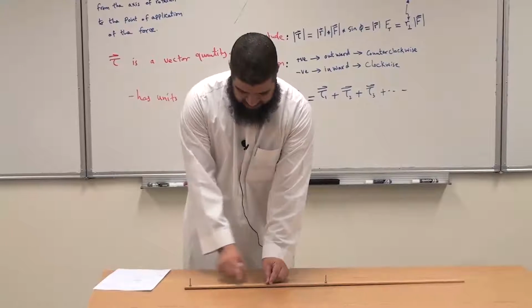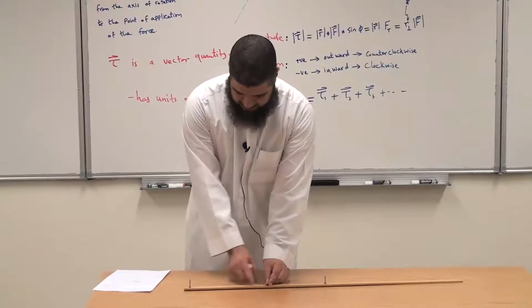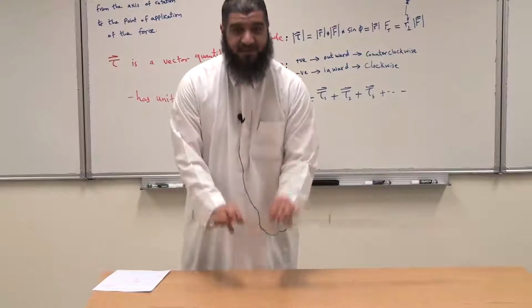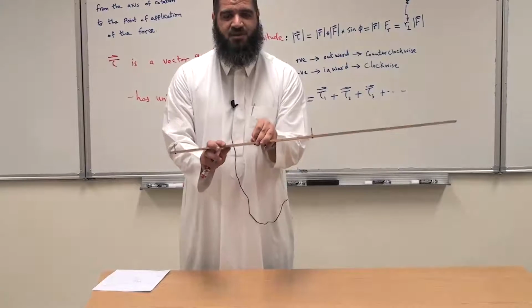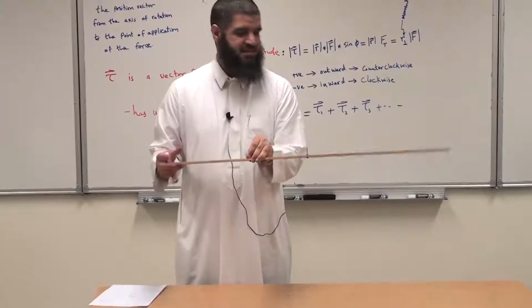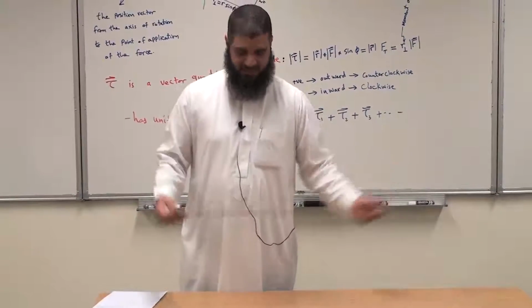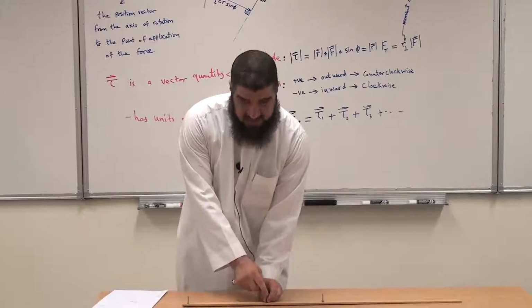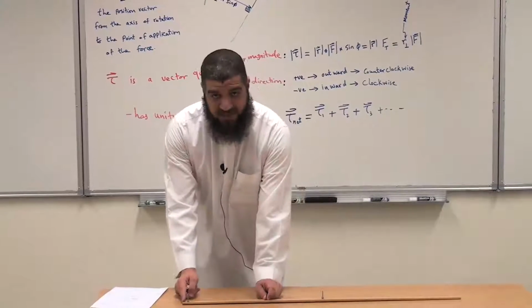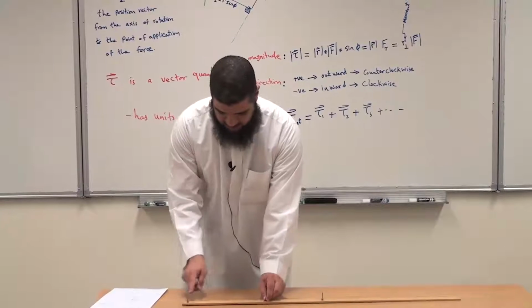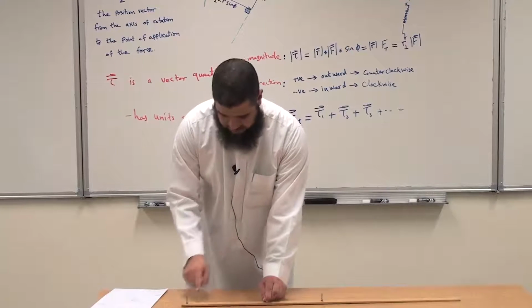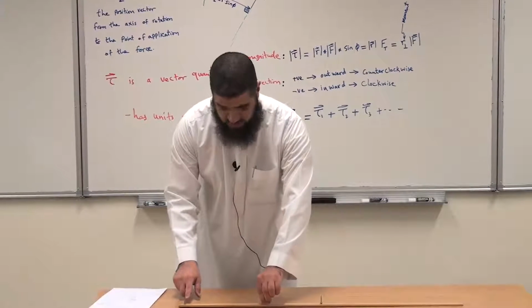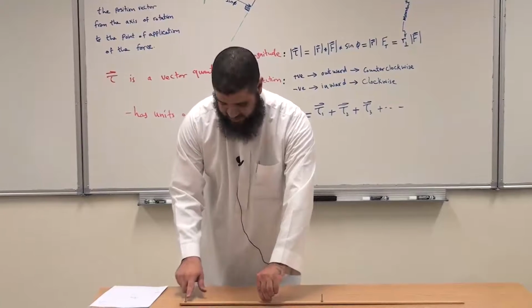It is fixed at a point 20 centimeters from the edge. When you see in a question a meter stick, it means the length is exactly 1 meter. And we apply different forces. I'll show it on the graph in a minute.